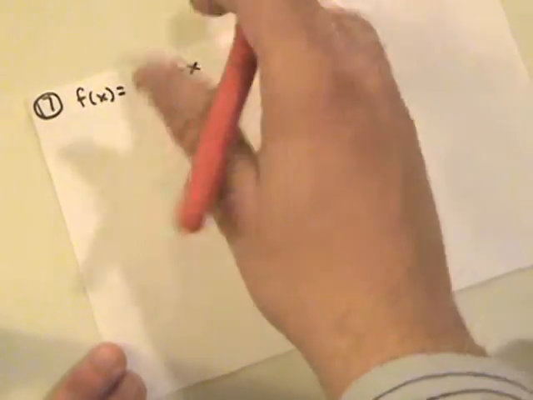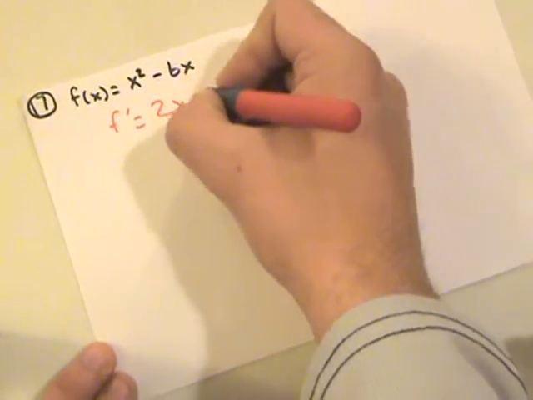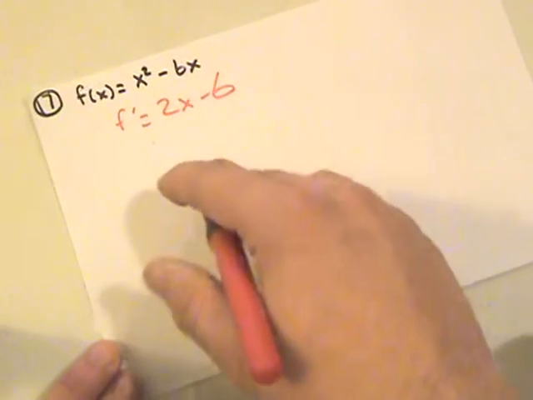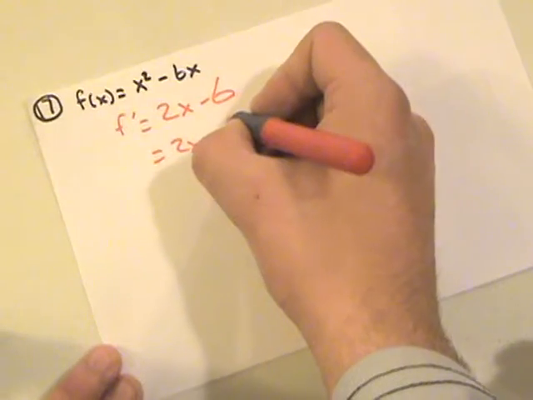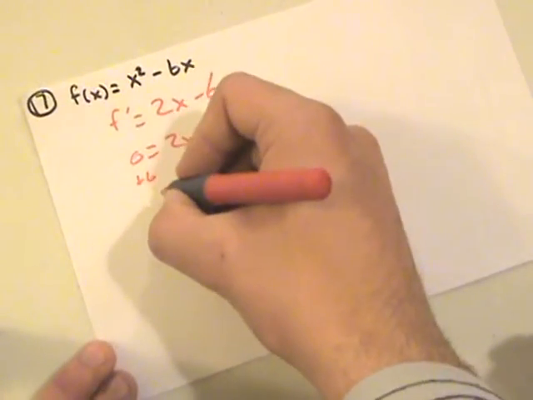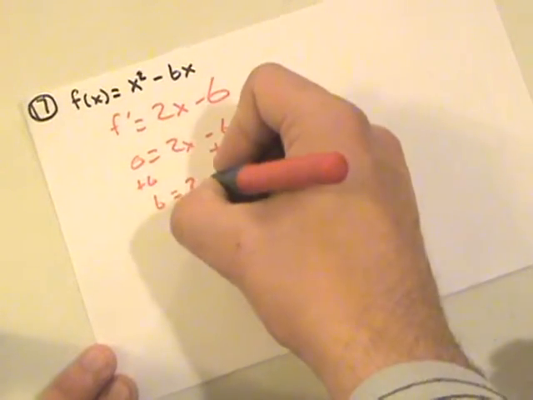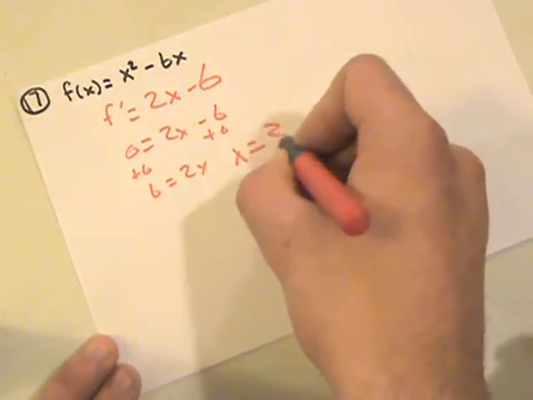So we're just gonna find the derivative. So we get 2x minus 6, and we're just gonna set it equal to 0. And then we get x equals 3.